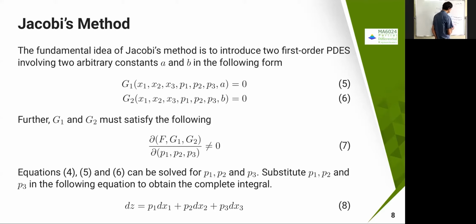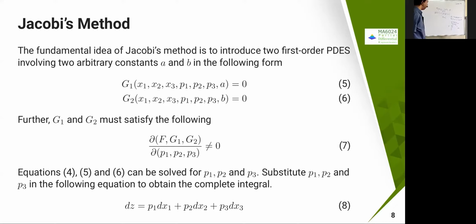What is the definition of this? This is dou f by dou p1, dou f by dou p2, etc. Similarly, you get a 3 by 3 Jacobian matrix, and that should be not equal to 0.